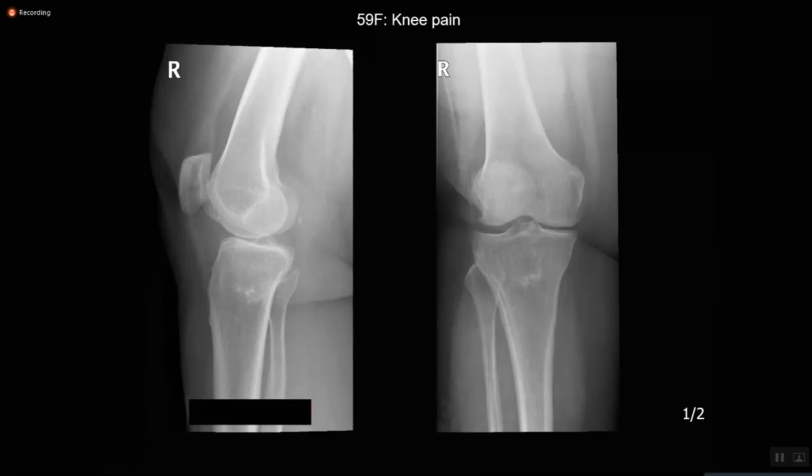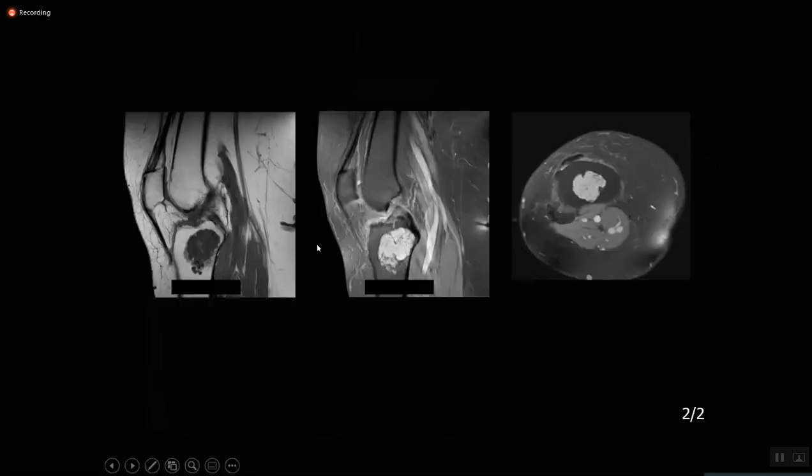What we are talking about is this calcification or calcific matrix on a plain film. On an MR, it gives you this lobulated appearance on fluid sensitive, T2 weighted or PD weighted sequences. It's quite classical. The calcification within it might appear low signal.